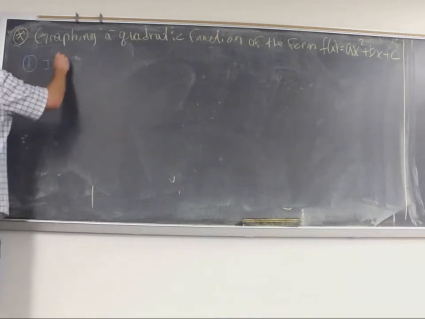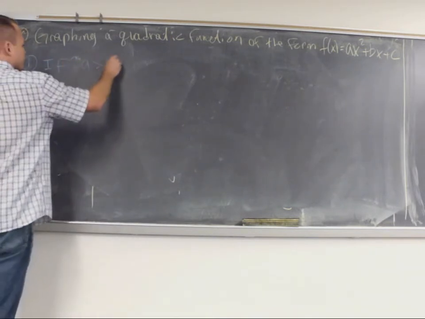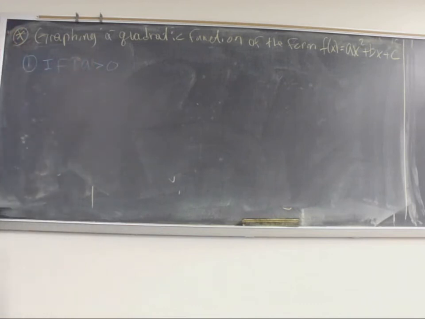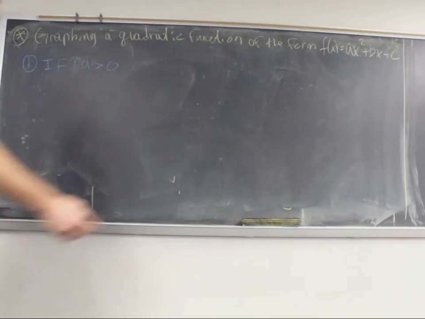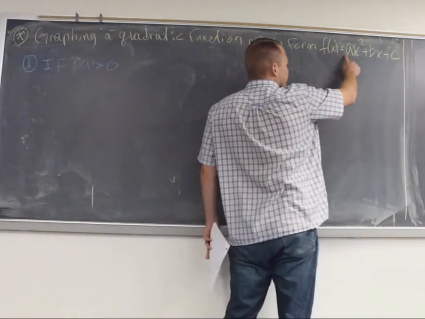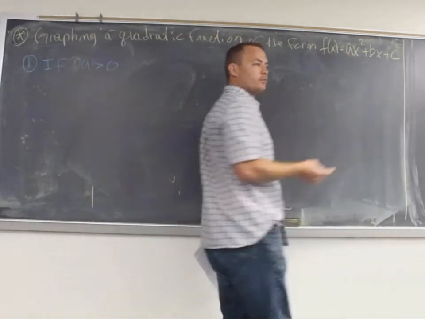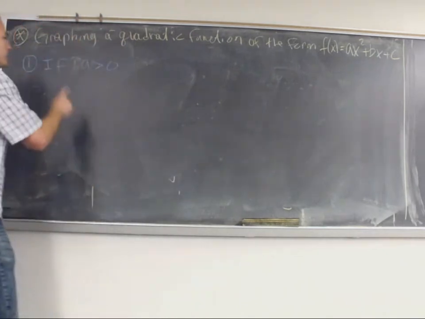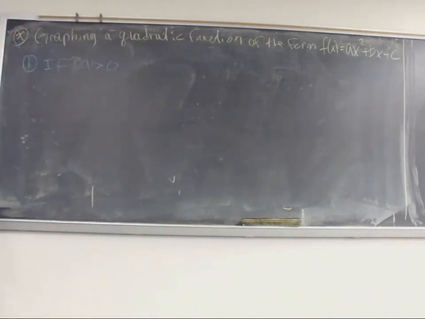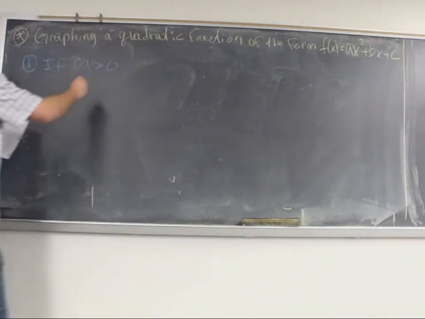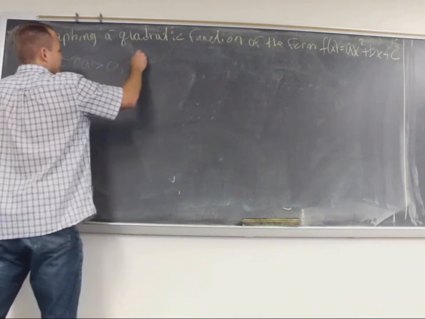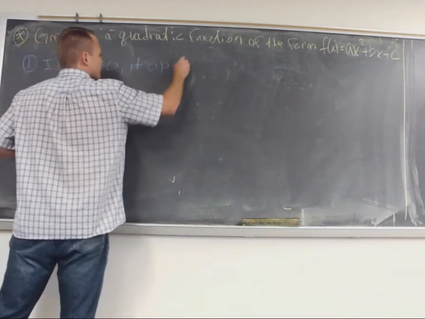The first one is going to be something new, but it's relatively easy. If a is greater than 0, now what represents a in our function here? It's the number attached to the x squared. It's the coefficient of the x squared term. So if that number is greater than 0, just a shorthand, we're going to say it opens up.